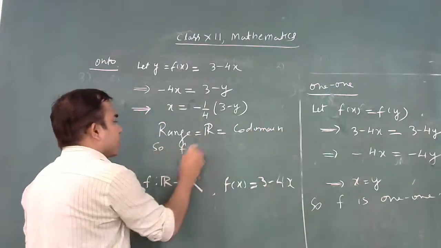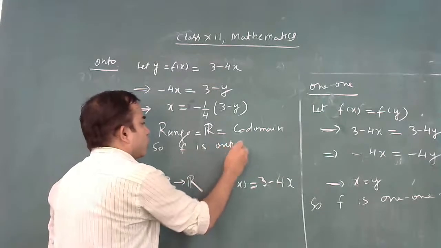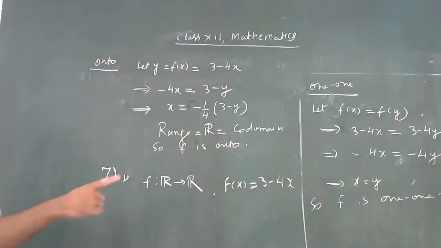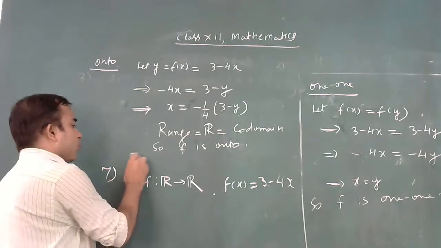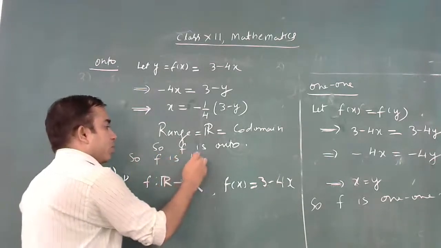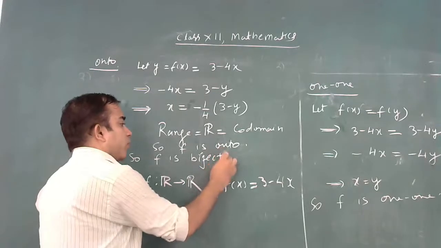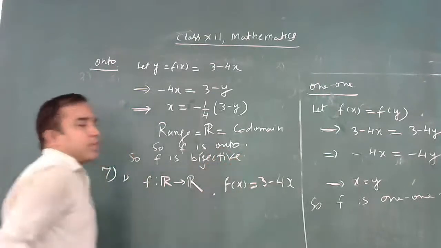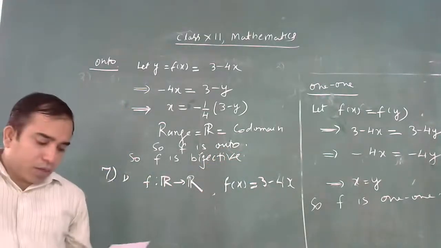So f is onto. Earlier it was 1 1 also, onto also. So f is bijective actually. One one, onto, both. Hence it is bijective.